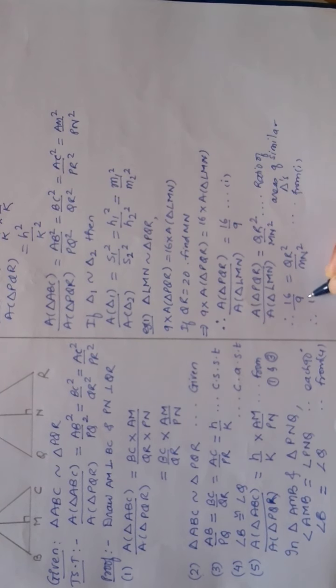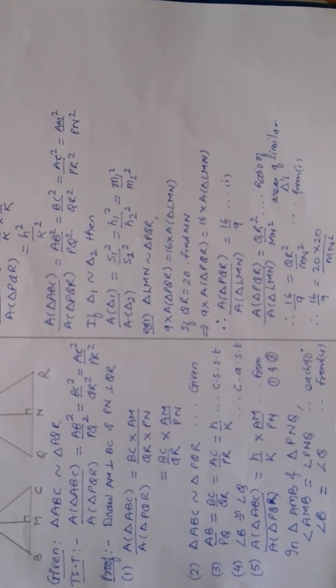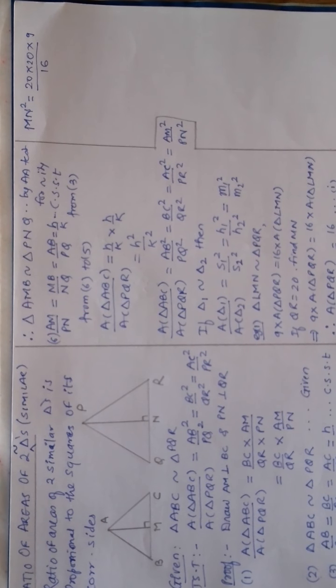So here it will become 16:9 equals 20 square, that means 20 into 20, is to MN square. Agreed? So now MN square by calculation: 16 into MN square is equal to 20 into 20 into 9. So MN square is equal to 20 into 20 into 9 upon 16.